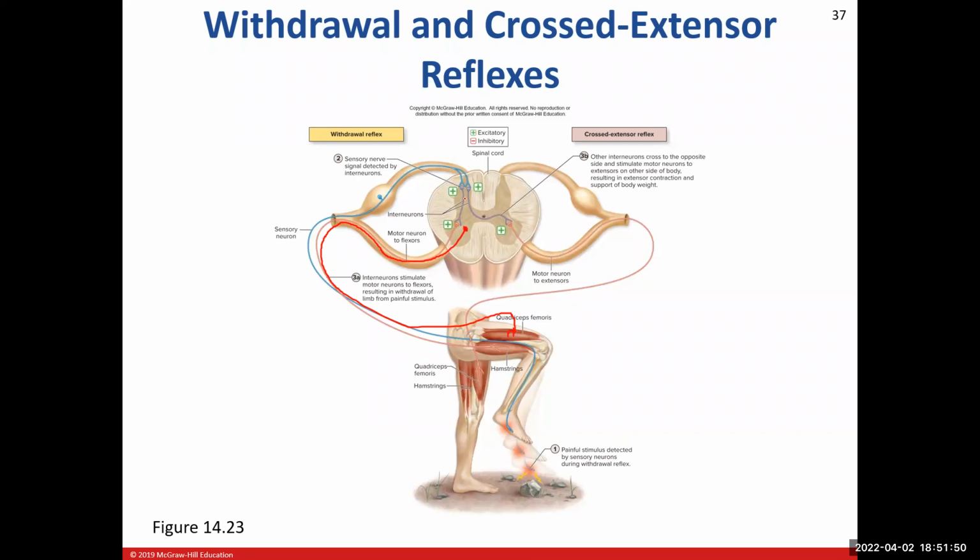It's not in this picture, but just imagine another interneuron here that is going to be inhibited. So that motor neuron to the antagonistic muscle group, the extensor muscle group, in our example the quadriceps femoris, those muscles will be inhibited so you can bend your knee fast.